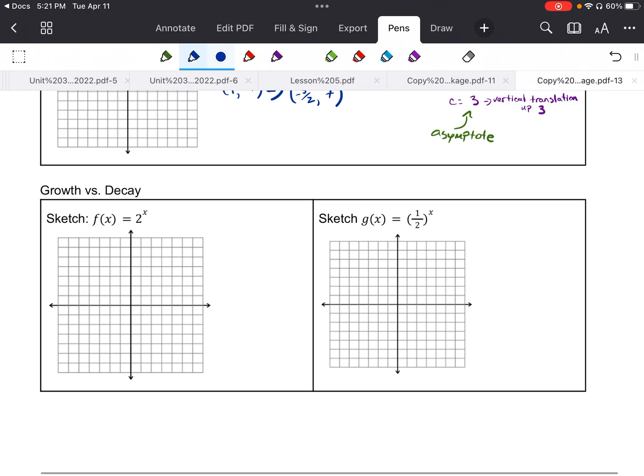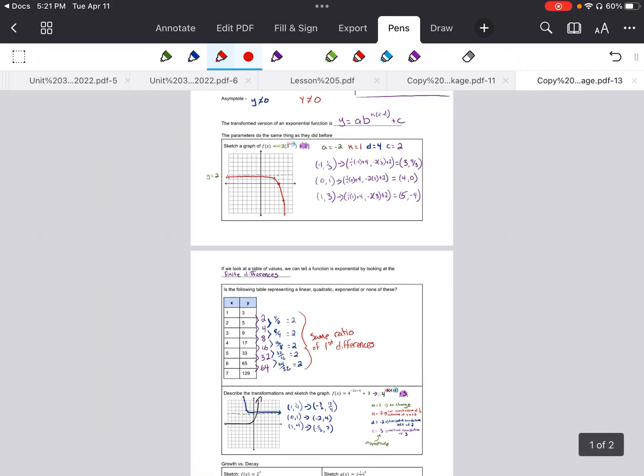Good. So again, as we mentioned before, growth we did with blue moves up and to the right, and decay moves down and to the right. Okay, fun lesson.